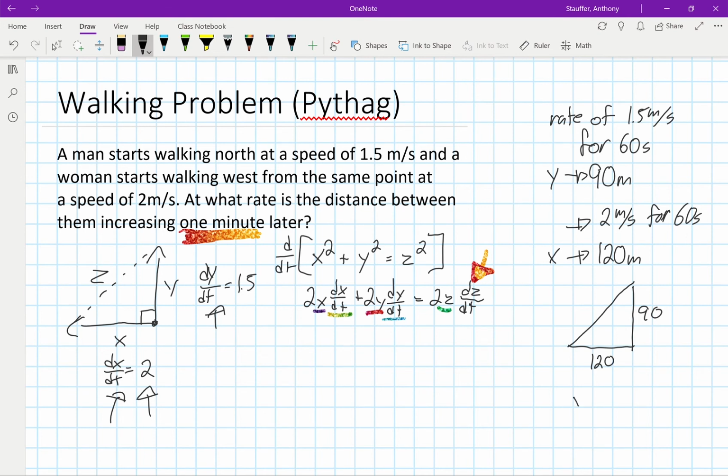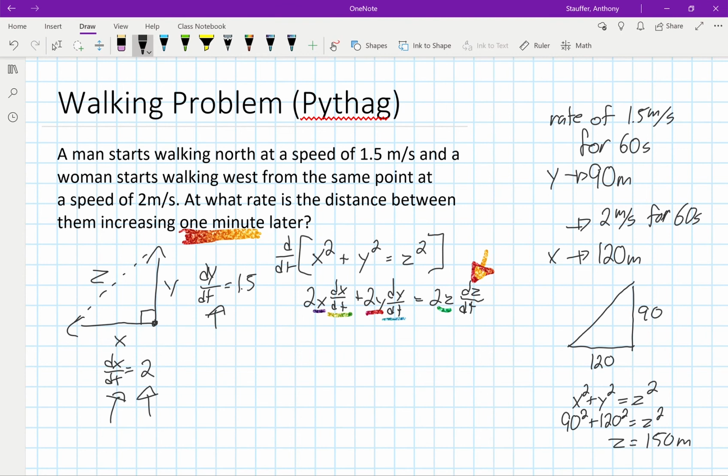So I can use my Pythagoras theorem, x squared plus y squared equals z squared, or 90 squared plus 120 squared equals z squared, giving us z equals 150 meters. So that has filled in what my other value is going to be.